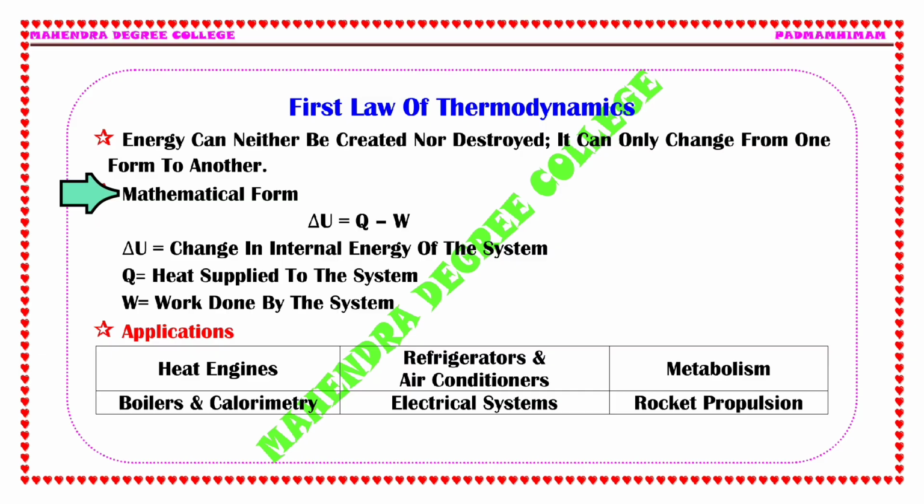Mathematical form: delta U equals Q minus W, where delta U equals the change in internal energy of the system.